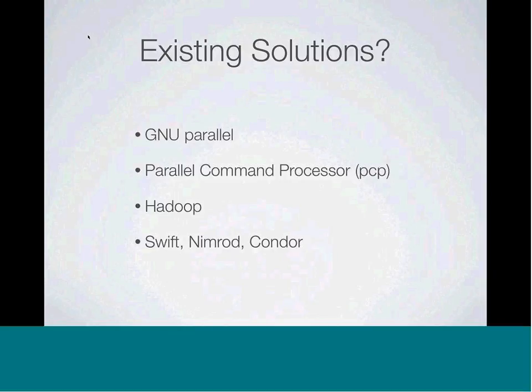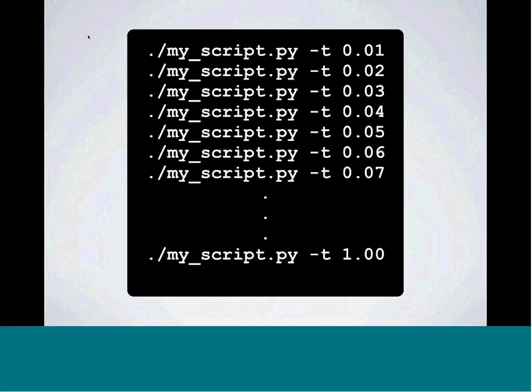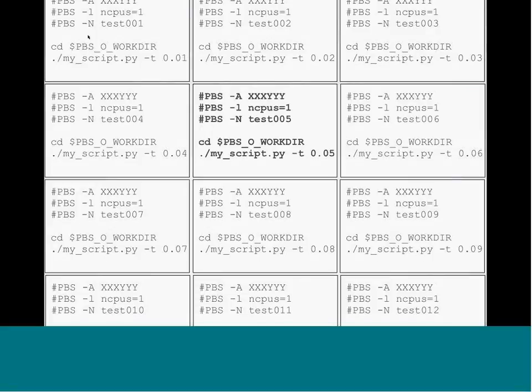So we came up with our own very simple framework, and this is probably most like GNU Parallel, except it does not use SSH. Now I'll explain how it works a bit. So back to this, in this case I'm showing a Python script, so we're going to run it 1,000 times, maybe with some different parameters. How are we going to do this? A lot of users use some different approaches.